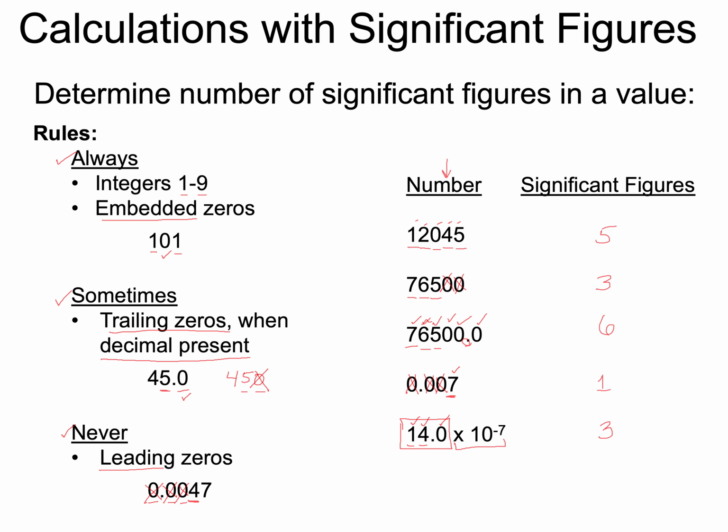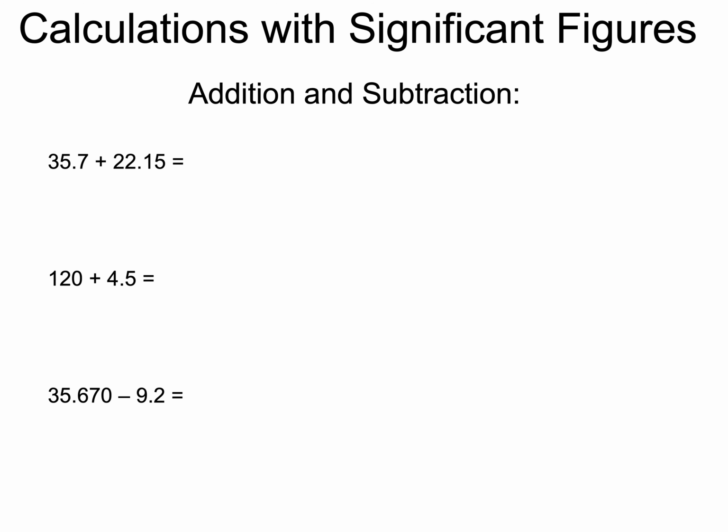What we want to do now is go to actually using these values in calculations. So when we're doing calculations of addition and subtraction, there's a particular set of rules that applies to these types of calculations, and that is, it depends on where the last significant digit is in place holding of that value.